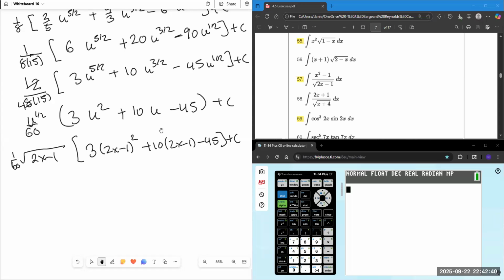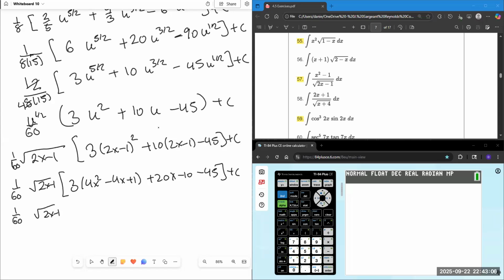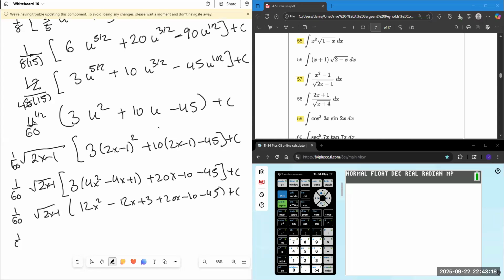So this is 1/60 root 2x minus 1 times 3 times 4x squared minus 4x plus 1 plus 20x minus 10 minus 45 plus c, is 1/60 root 2x minus 1 times 12x squared minus 12x plus 3 plus 20x minus 10 minus 45 plus c. 1/60 root 2x minus 1 times 12x squared.